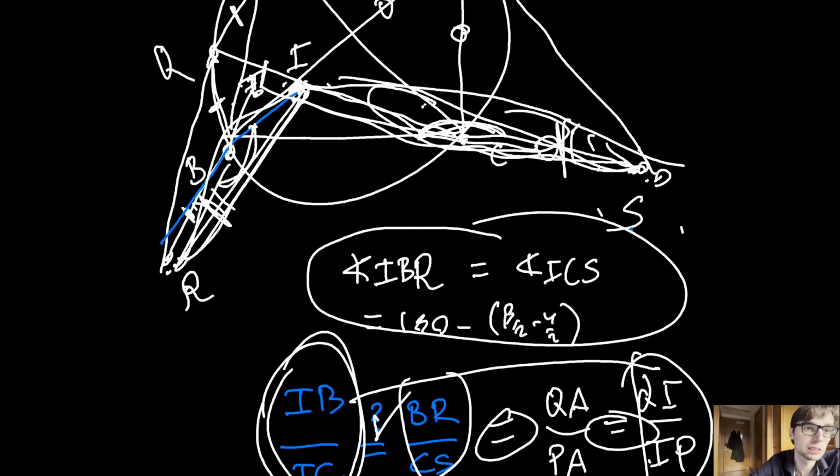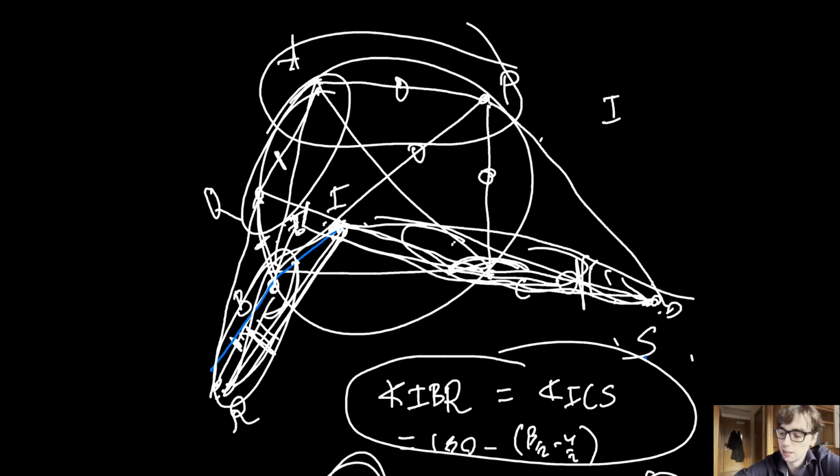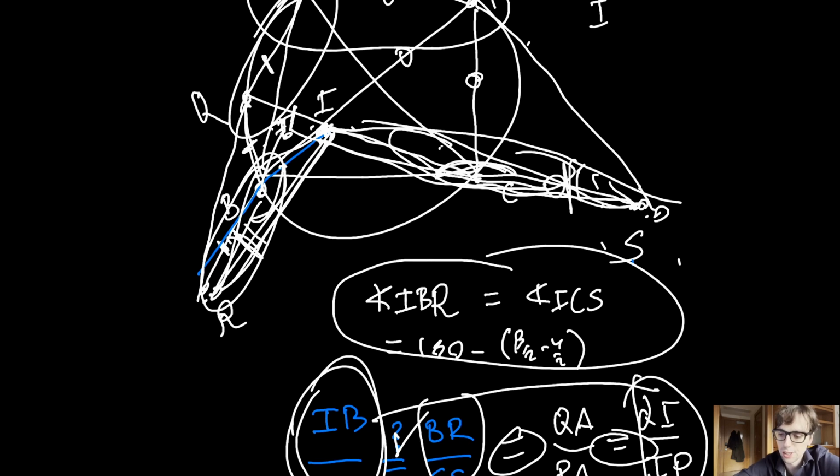And then simply you find out, okay, BR, what do I care about BR? Well, it's just equal to this. And then you realize, oh, QA, PA. There's multiple ways to finish it. I think this is the cleanest way to finish it. You could just do some trig here. As I mentioned, multiple ways you could end this. And this finishes up our problem.